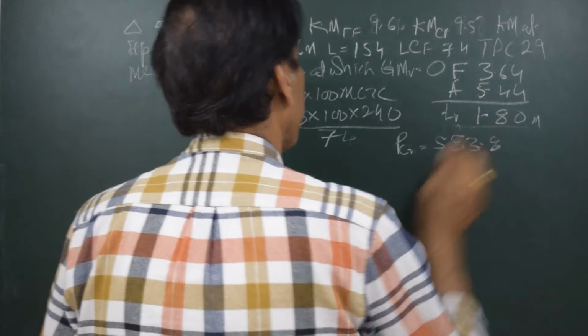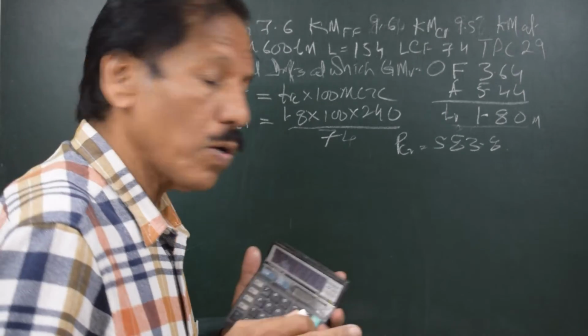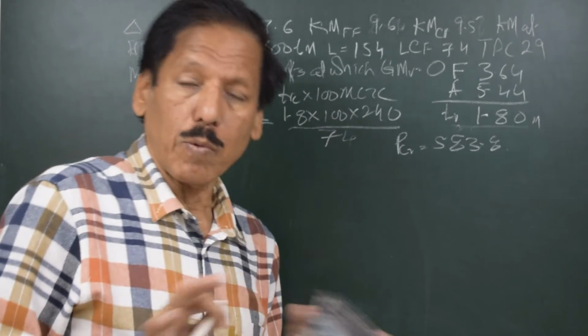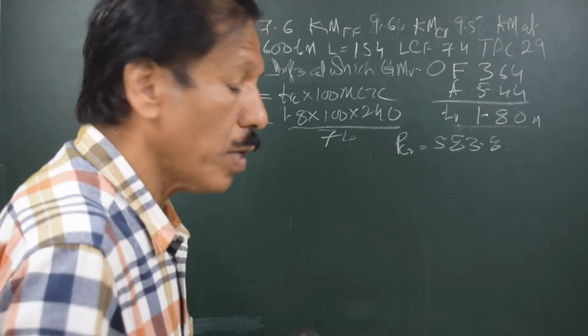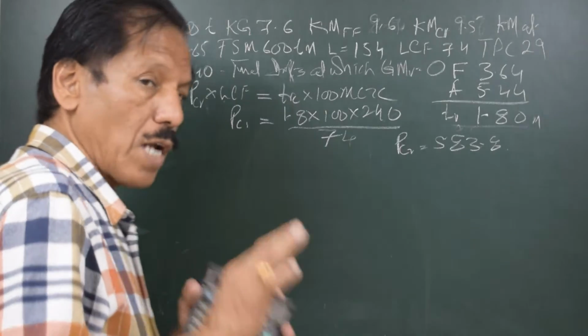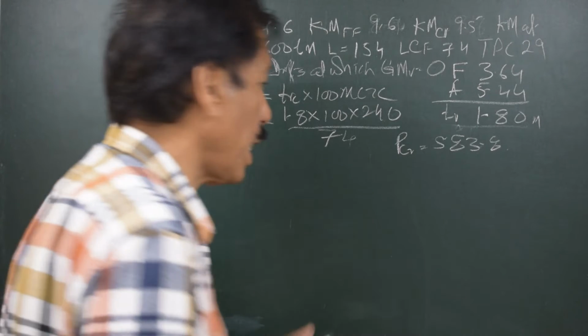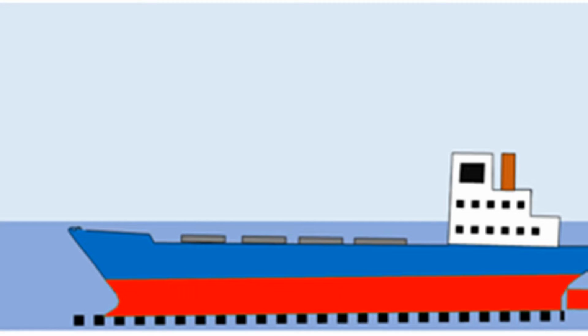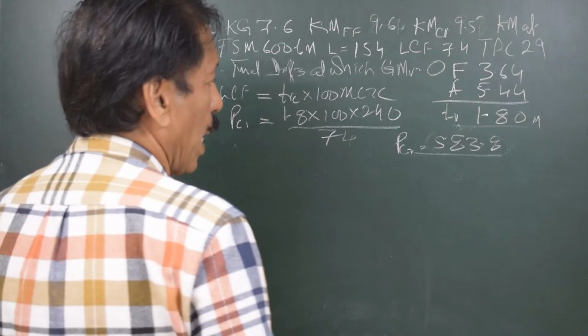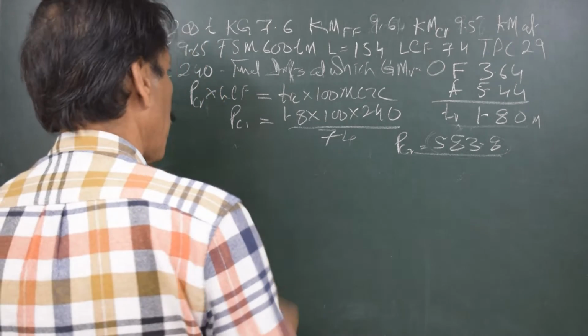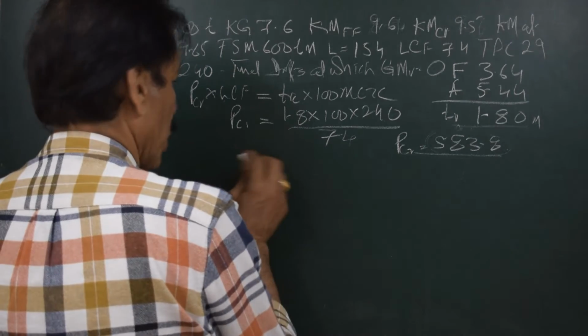So P critical is 583.8. Now, whether it is required or not, I would always advise the students to find out what are the drafts at which the ship takes the blocks, or what are the drafts at the end of the critical period. So using this P critical 583.8, let us find out the final drafts at which the ship will take the blocks.